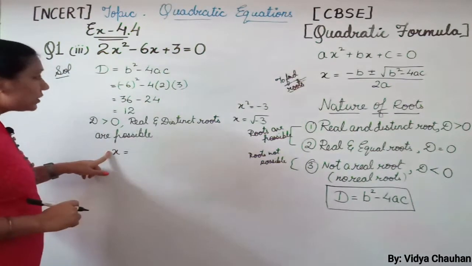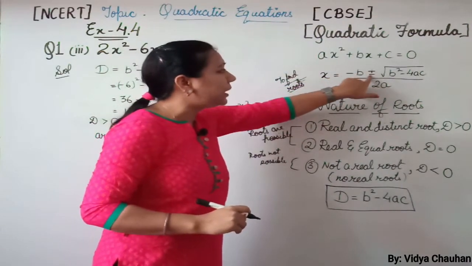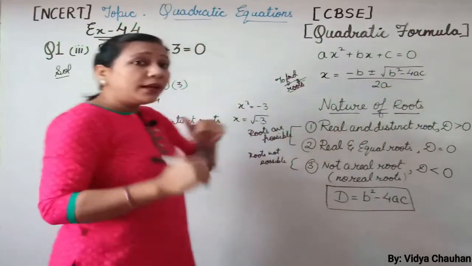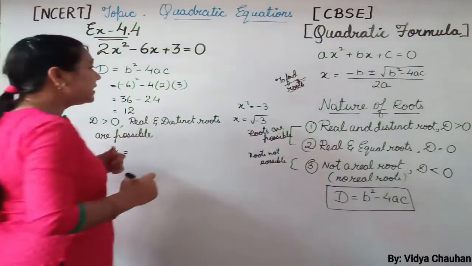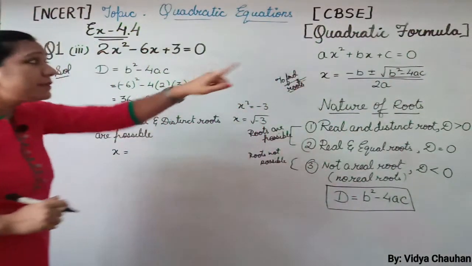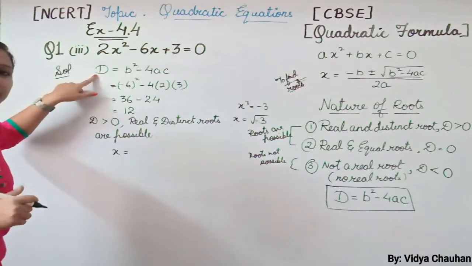Now to find the roots, we will put the formula: x is equal to minus b plus minus square root of b square minus 4ac upon 2a. Now I'll tell you one more easy method. Here you can see b square minus 4ac. This b square minus 4ac is actually equal to the value of the discriminant.